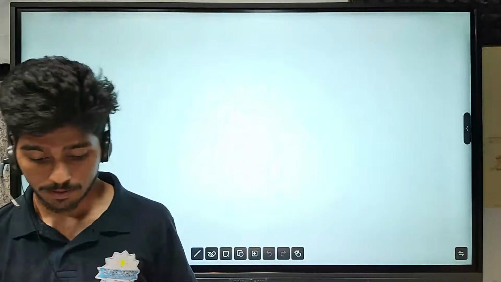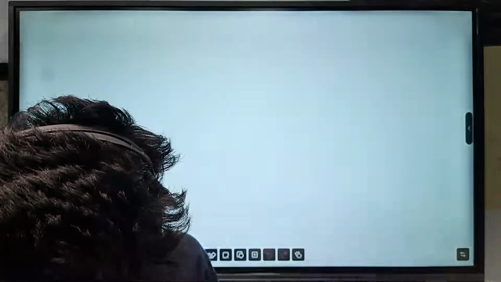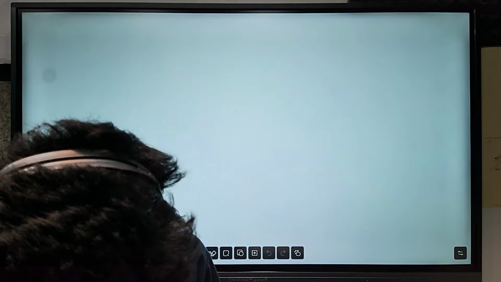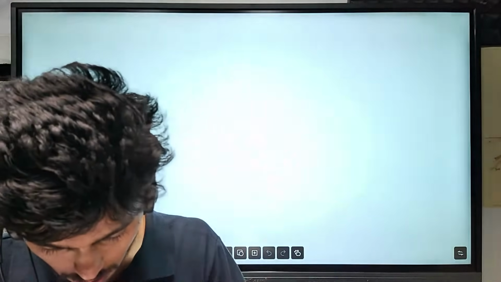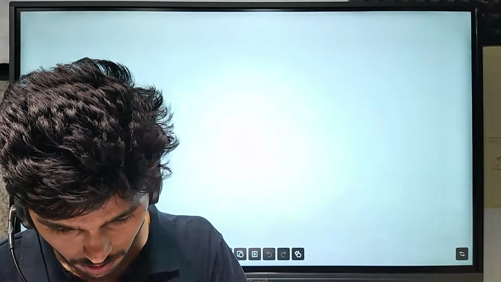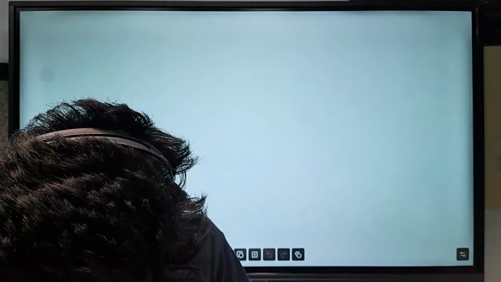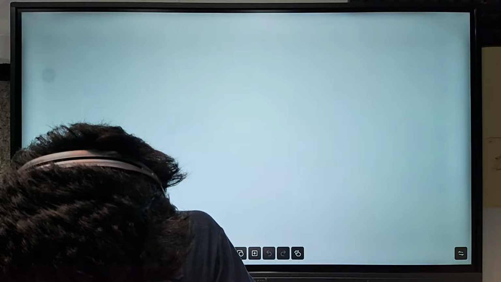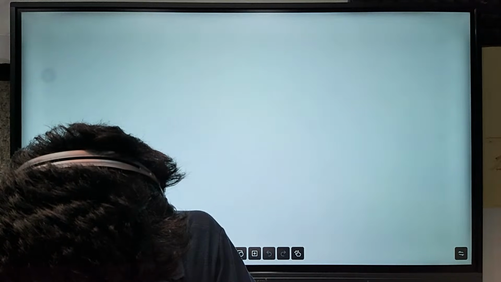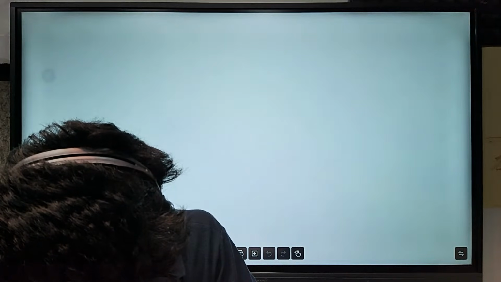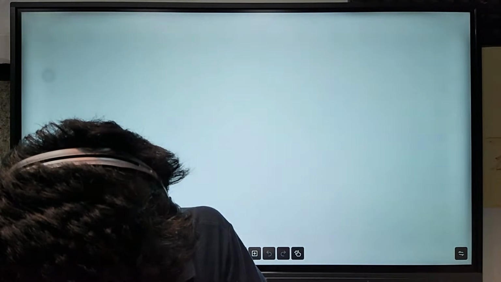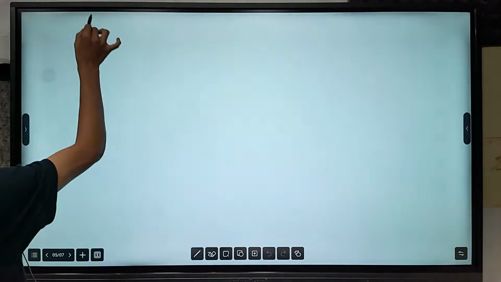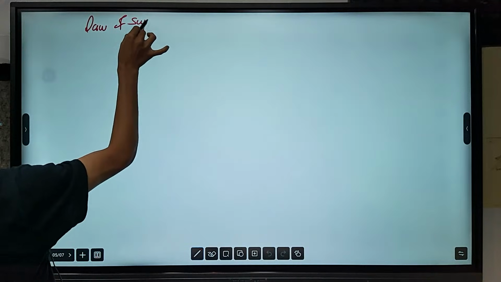Then we have to study from a certain chapter, that is the law of supply.